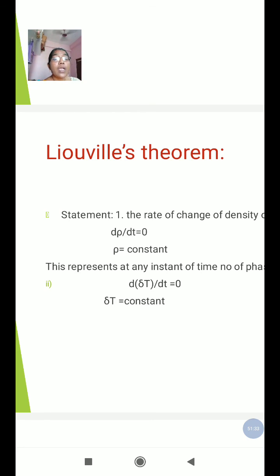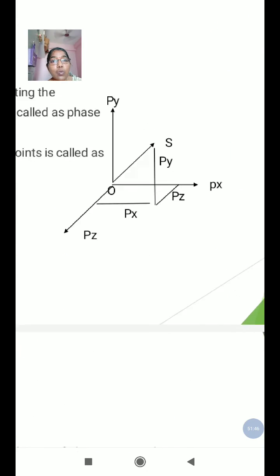What is rho here? Rho means the density of phase points. The density is constant, meaning at any instant of time in the phase space, the density of phase points is constant. For example, at the initial time, let us assume the number of phase points in some region is 5. After 5 minutes, in the other region, there are also 5 phase points.